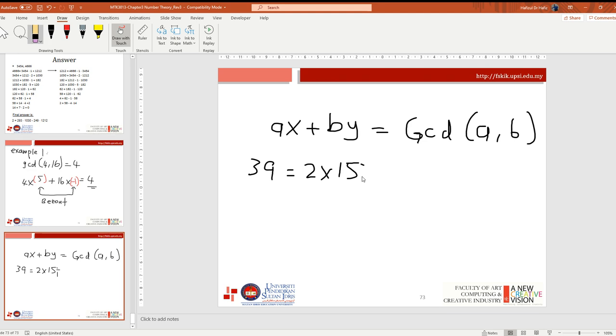Sekejap. Tu kita ada 15 sama dengan 1 kali 9 tambah 6.